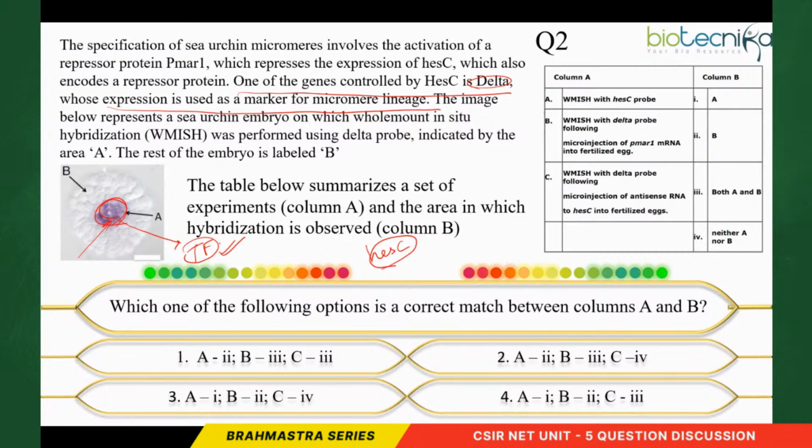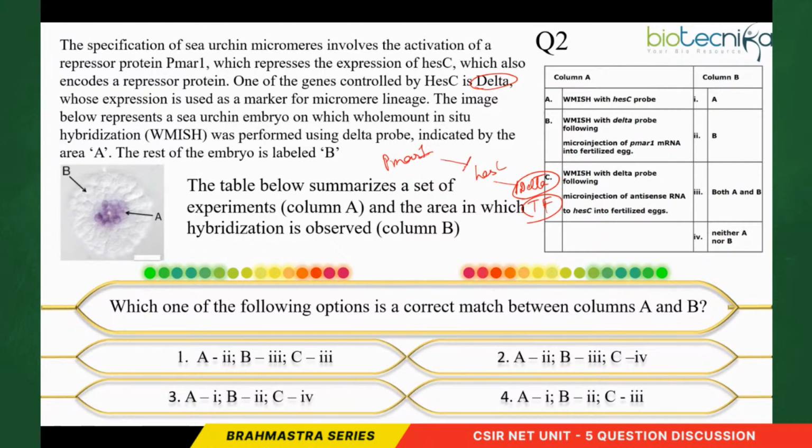Okay, but in the other vegetal cells, we don't have this HESC. Okay, why? Because if HESC is present, let me tell you, HESC is actually an inhibitor of delta. Okay, HESC will inhibit delta from forming. Okay, so delta is a required transcription factor to form micromeres. Okay, so what stops HESC is another factor which is called PMAR1.